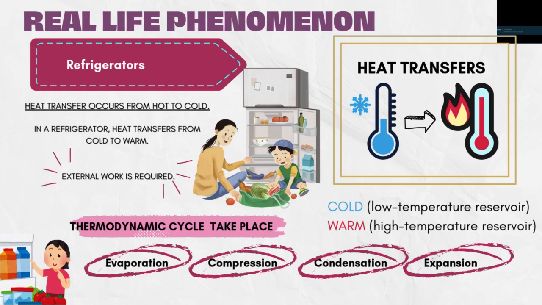So one of the basic appliances used in daily life is the refrigerator. It uses the second law of thermodynamics, where the heat transfers from a cold surface to a hot surface, which requires external work or external energy to do that process.